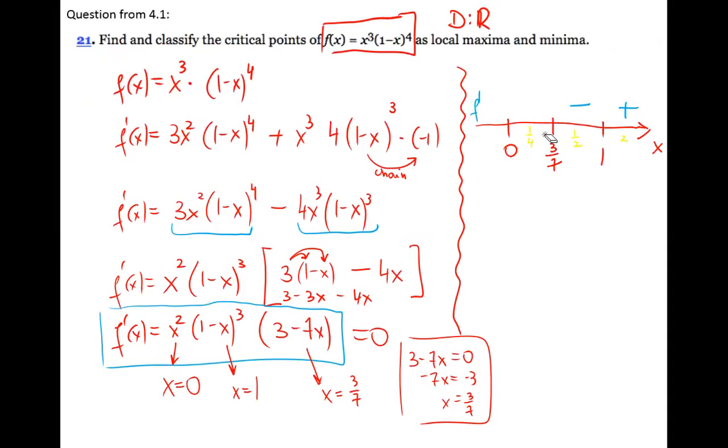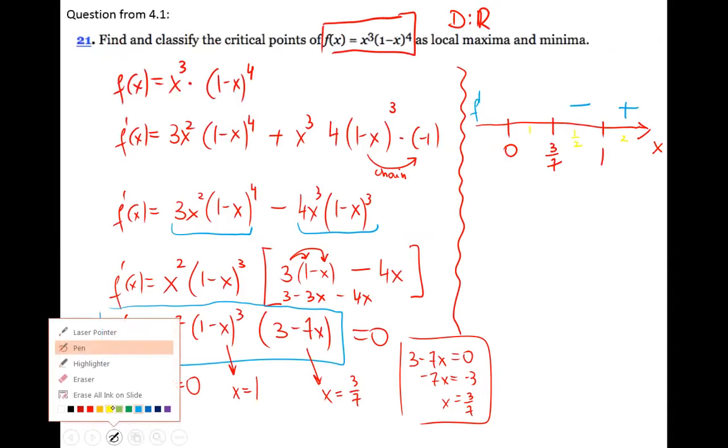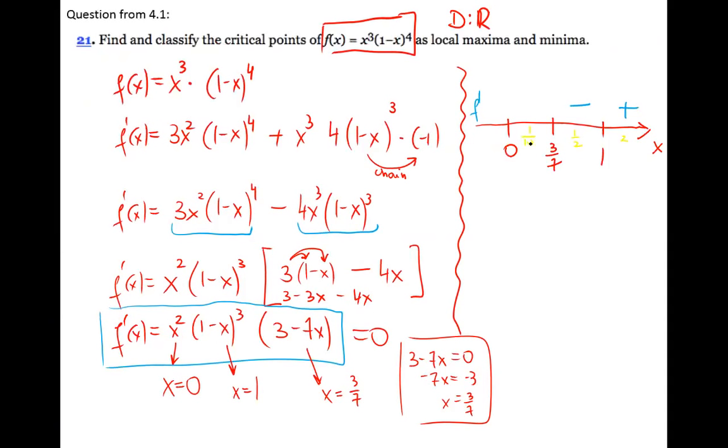Am I right? But I can even pick a tinier number, like let's say 1/100, small number. If I put 1/100, that's positive, and this will be positive. That means this is definitely positive. Okay, works.